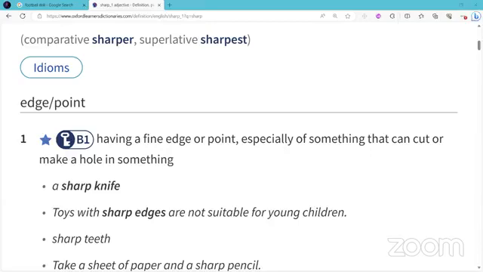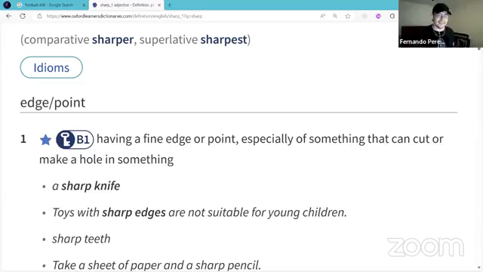Sharp. Oh, it's something that can cut very well. That's sharp.